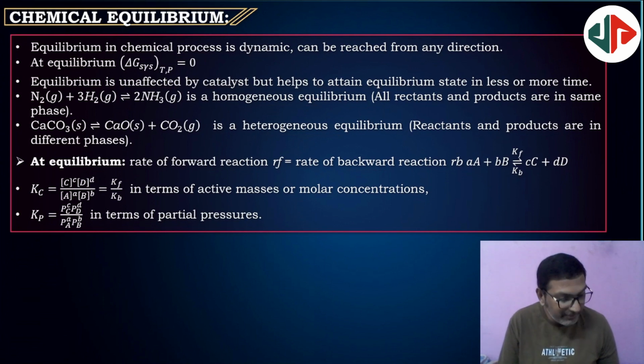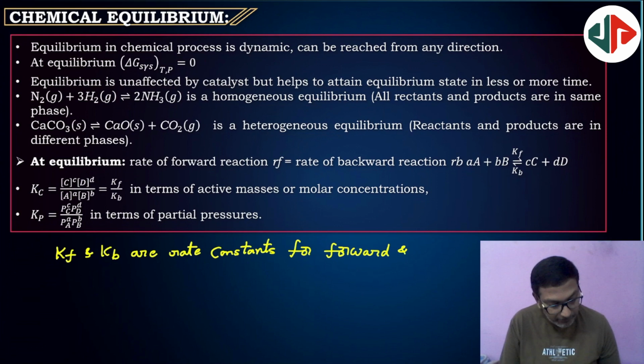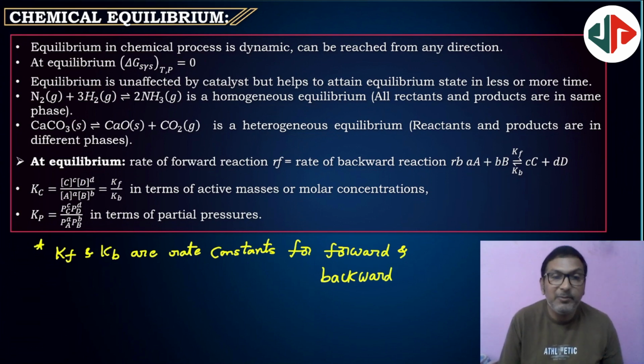Next, Kc can be written as Kf by Kb, where Kf and Kb are the rate constants for forward and backward reactions. Kc equals Kf by Kb. Next, here active mass is nothing but molar concentration.